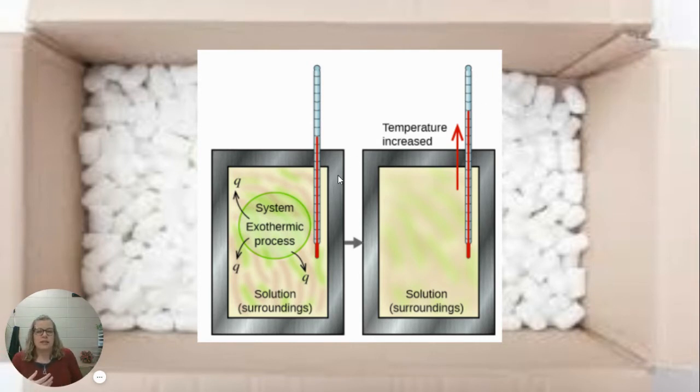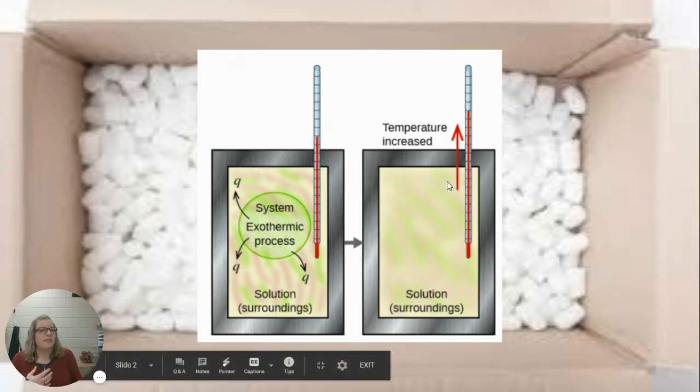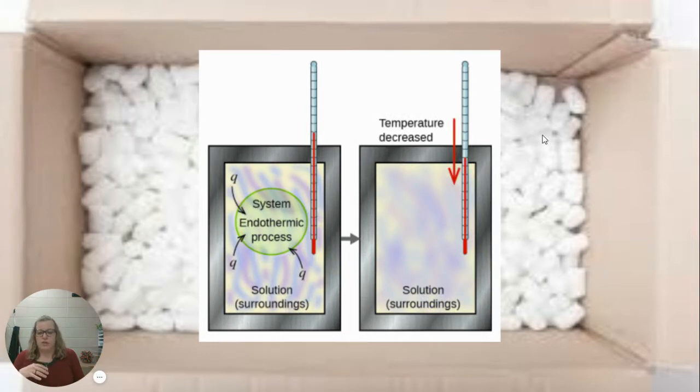As a consequence, the surroundings have an increase in temperature. The opposite is the case when something is taking heat in from the water, and that's going to be an endothermic process. So endothermic processes pull heat in from the water, and your water temperature is going to go down. With exothermic, your reaction or dissolving process puts energy into the surroundings, and the temp goes up. Okay. So hopefully that makes sense to you.